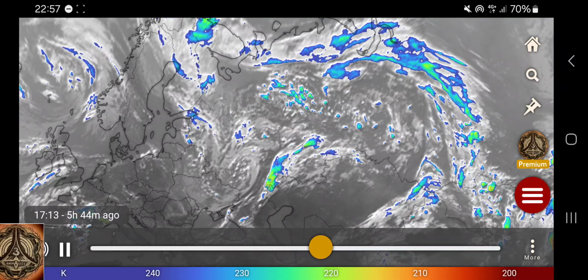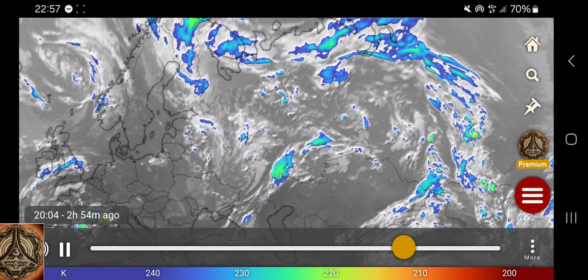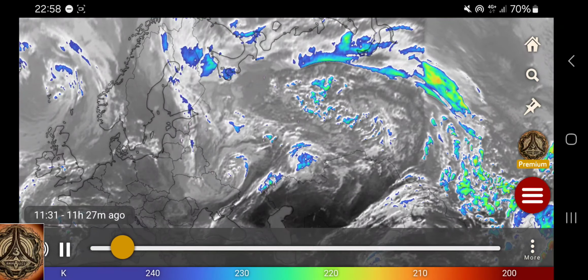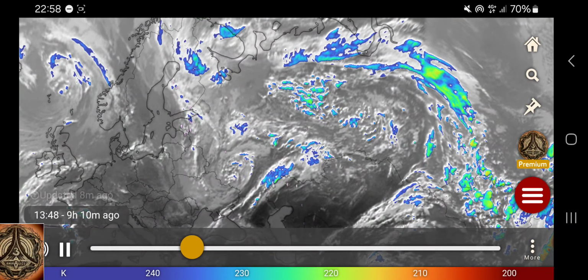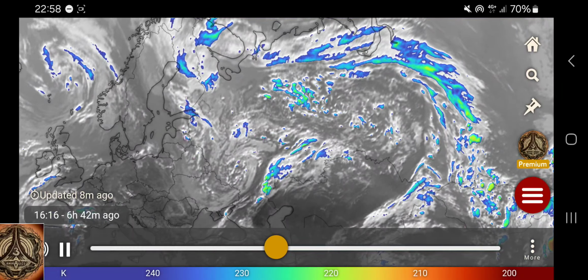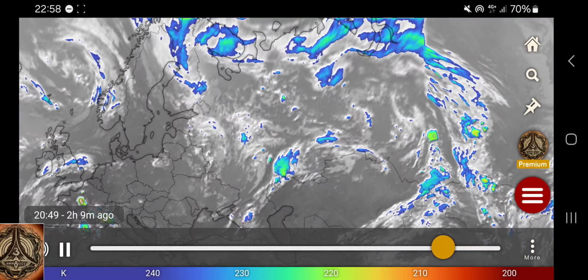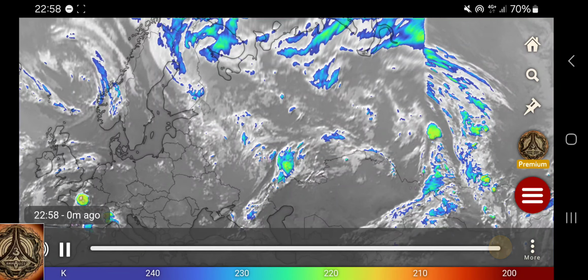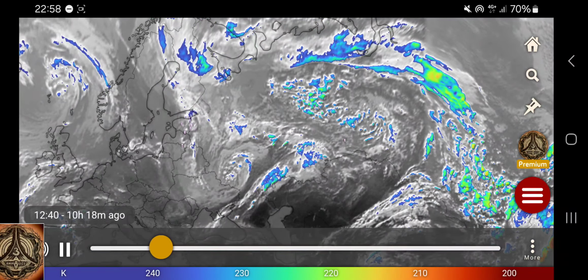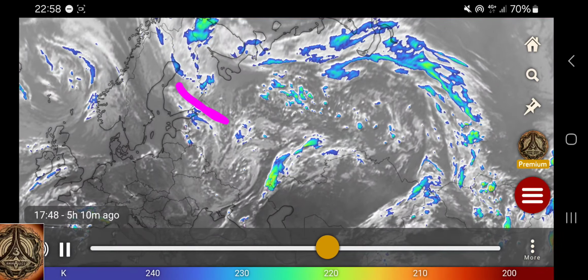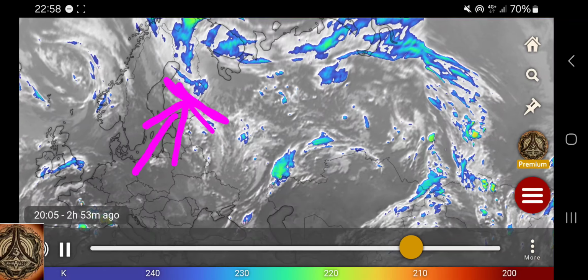And since we are looking at weather, I wanted to talk quickly still about water, because yeah, there's a lot of water in the atmosphere at the moment. Also here, it's finally raining. It wasn't really raining for many weeks. And it's all bouncing off the same area where it's usually bouncing from this side.